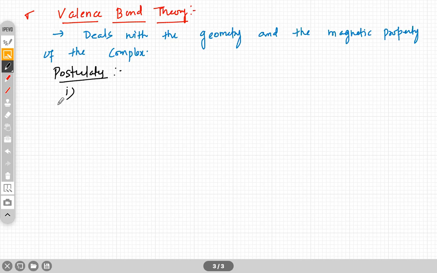Next one, depending on the coordination number, the central metal atom, and when I say central metal atom, write down CMA. Depending upon the coordination number, the CMA has an equal number of vacant s, p and d orbitals.